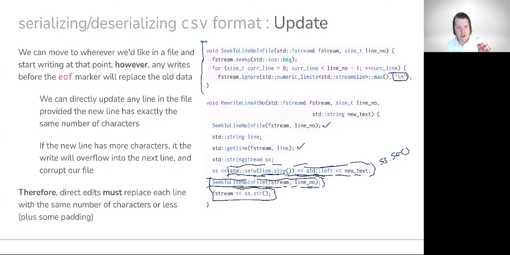What that's going to do is essentially replace the old data on that line. Now, if the string of characters I was inserting into that line was larger, had more characters than the original line, we'd be in a condition where we'd overflow into the next line, and that would be problematic.